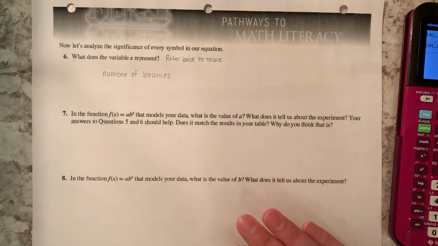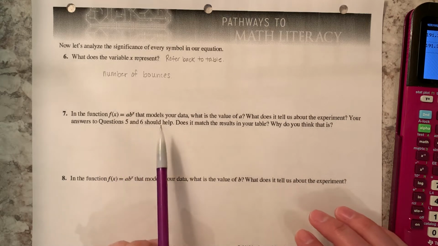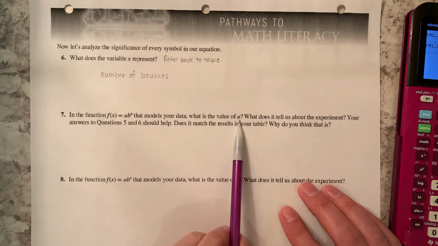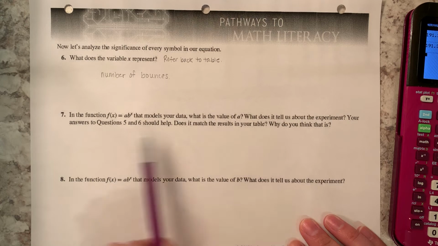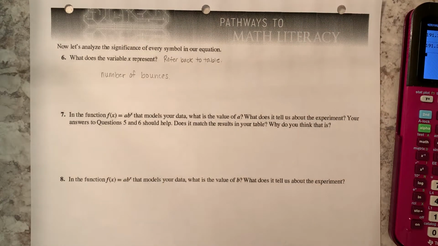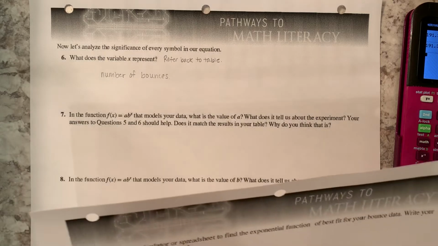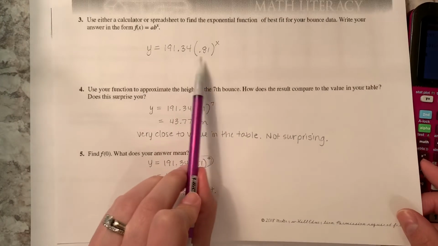Okay. In the function f of x equals a times b to the x, that models your data, what is the value of a? What does it tell us about this experiment? Your answers to questions 5 and 6 should help, okay? So if we're trying to figure out what the value of a is, remember that our function is this, right?